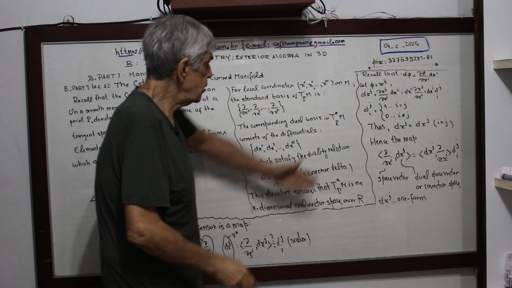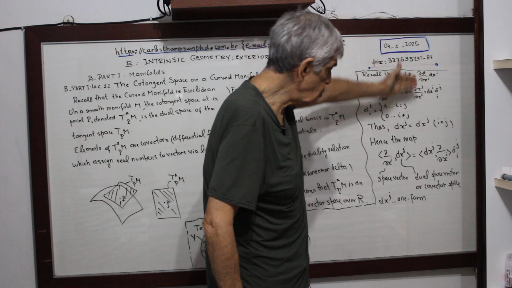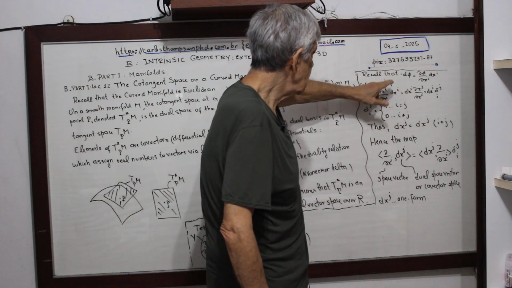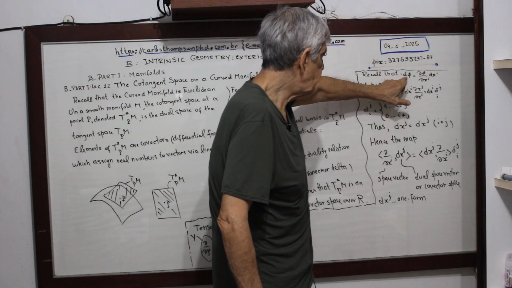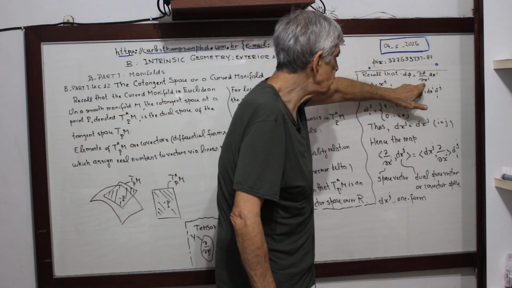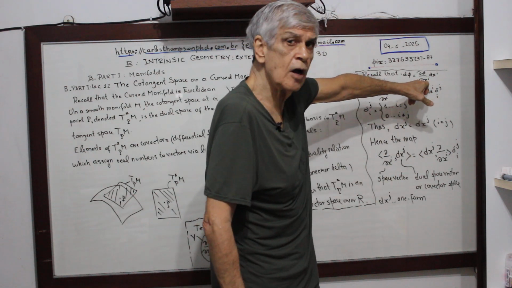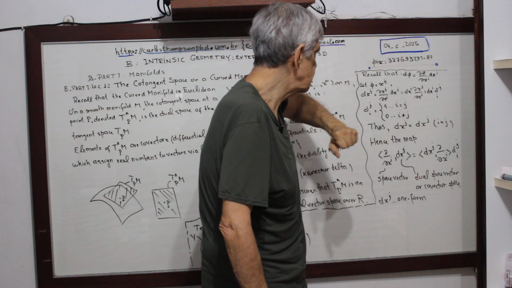Now, I will start over here. I already showed this, so I'm repeating. Recall that the differential of a function phi is partial phi with respect to xi, dxi. Here i is a dummy index.